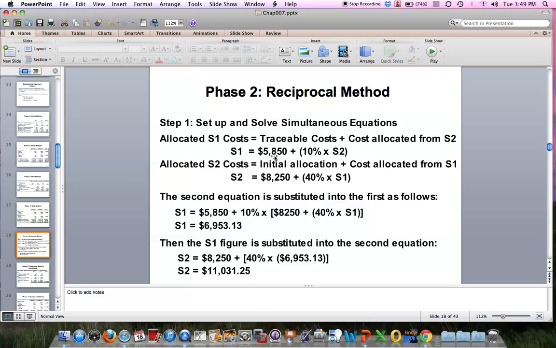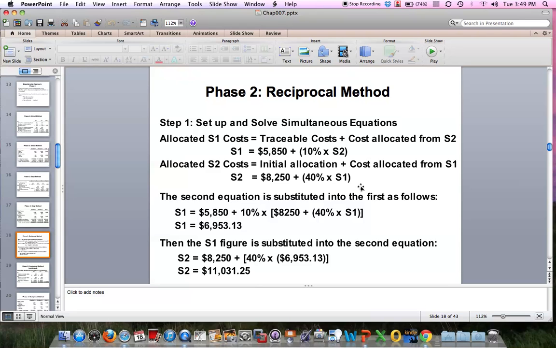If you go back to Exhibit 7.5 on the bottom of page 228, that's where that 10% comes from. S2 then is its initial cost allocation plus allocated cost from S1. So S2 is 8,250, which has been given to us, plus the 40% that S1 provides to S2, 40% times S1. So that's our formula.